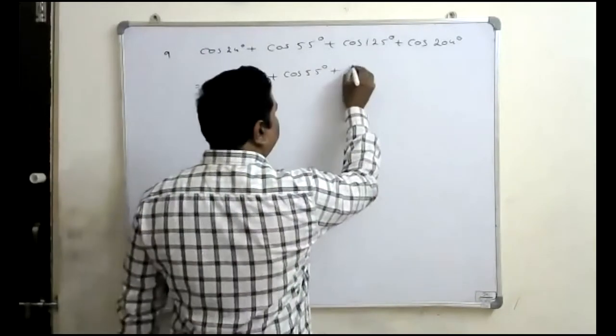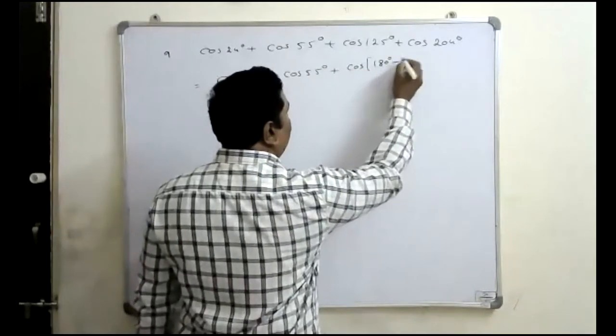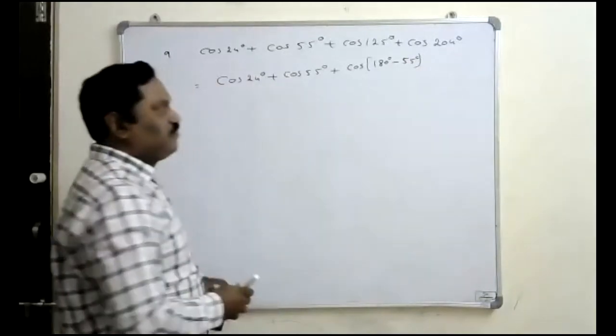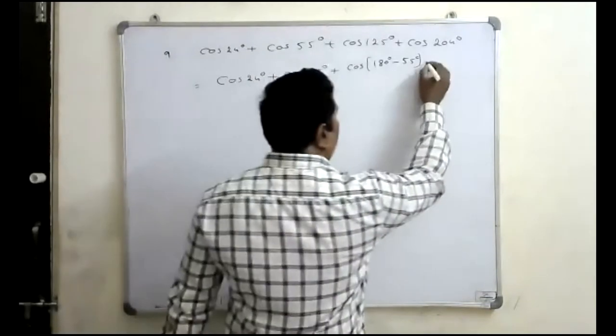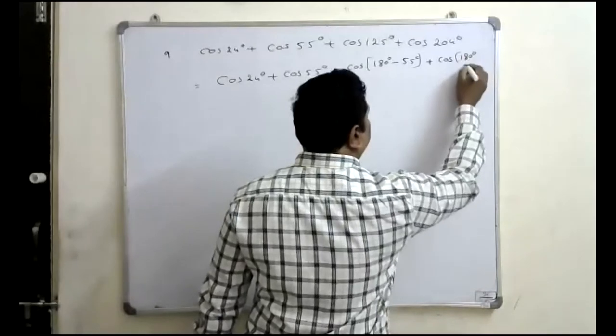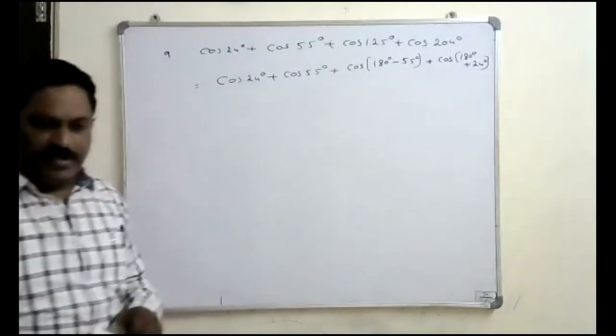How do you disturb it? 125 is 90 plus 35, or like this, 180 minus 55. We can write 180 minus 55. Similarly, 204, we can write 180 plus 24.